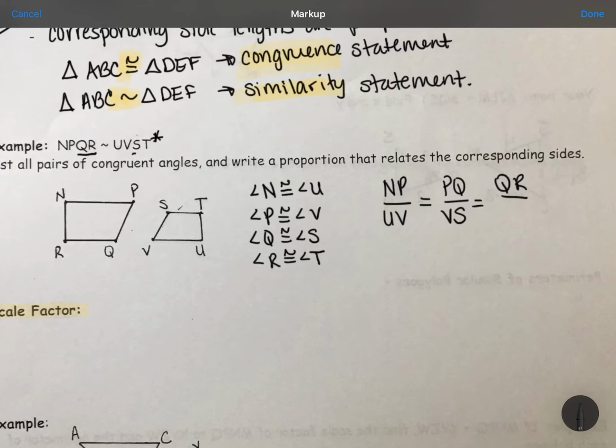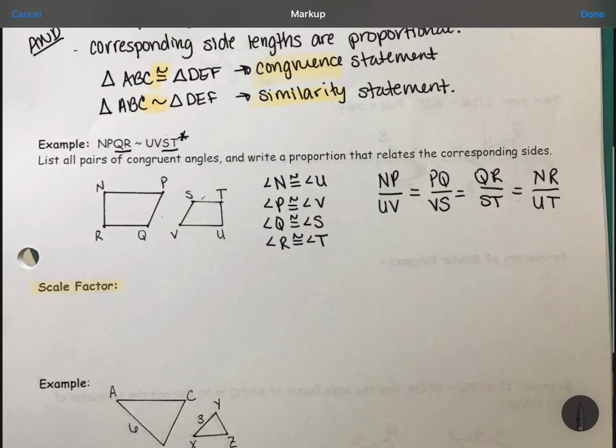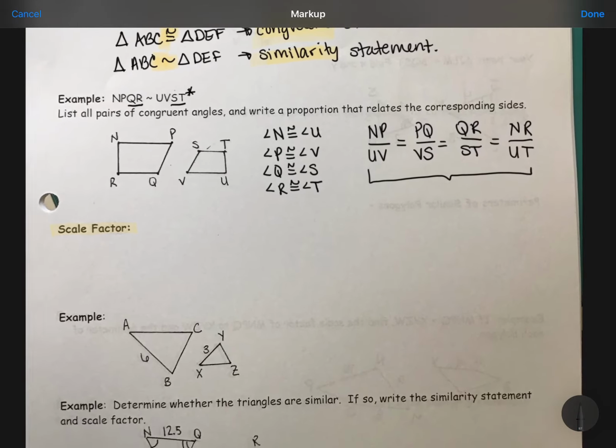QR corresponds to ST. And then last but not least, you have the first letter and the last letter, and R corresponds with the first letter and the last letter of the other polygon. So that's what it would look like if they ever asked you to list the congruent angles and to write a proportion that relates the corresponding sides. And then from there, we can use this to solve problems, which we will.